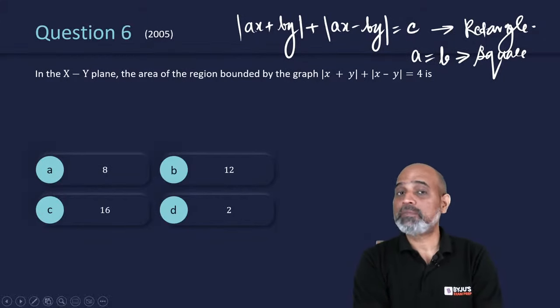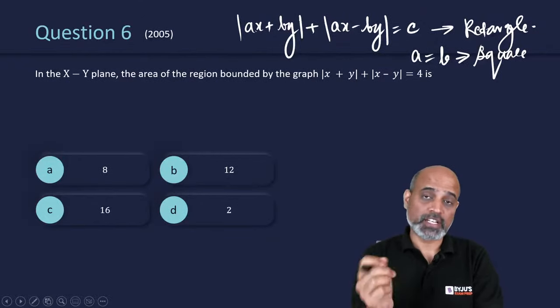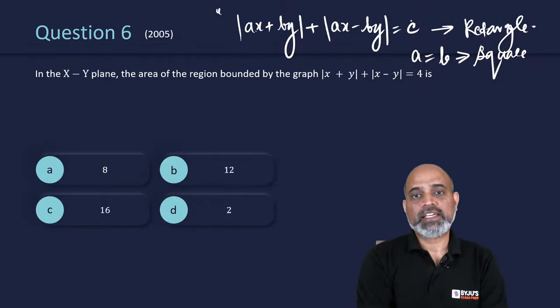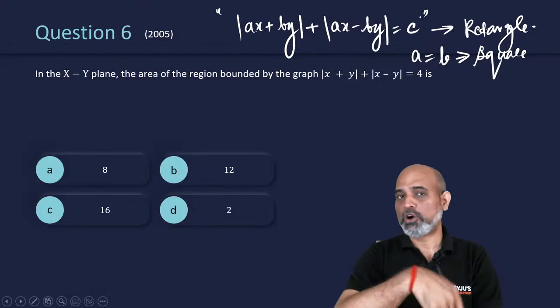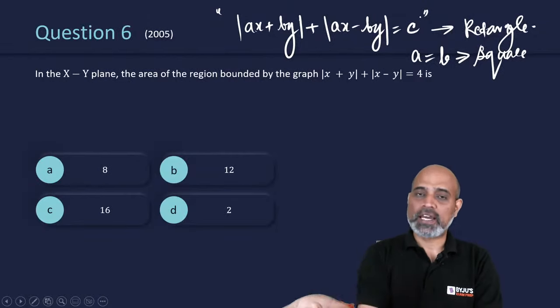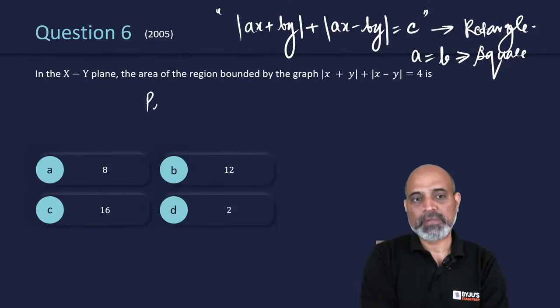See, what are a and b? They are the respective coefficients of x and y. Okay. ये हम पढ़ते हैं क्योंकि वहां पर आप draw नहीं कर सकते और solve नहीं कर सकते. Now, once you get the square or the rectangle, the perimeter and area are fixed for such figures.